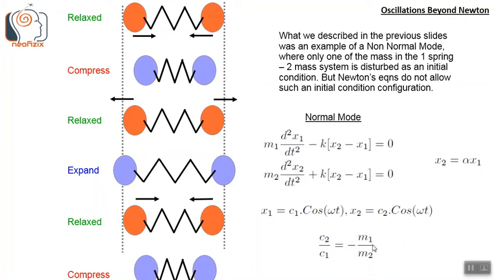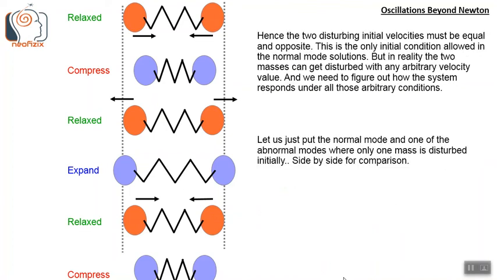So in our case, we have used M1 the same as M2, and they both have the same mass M. So in this case we get alpha equals minus 1, or C2 by C1 equals minus 1. Hence the two disturbing initial velocities must be equal and opposite.